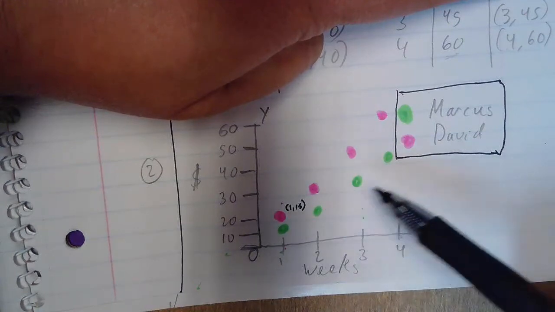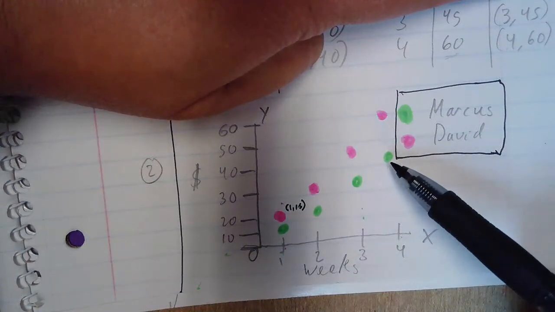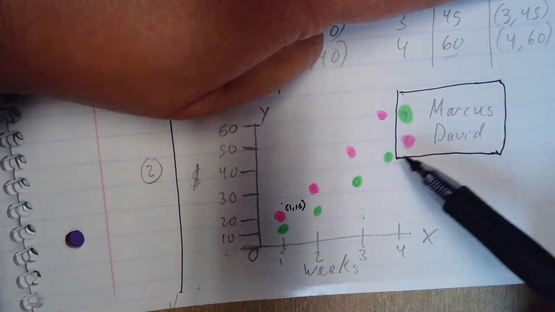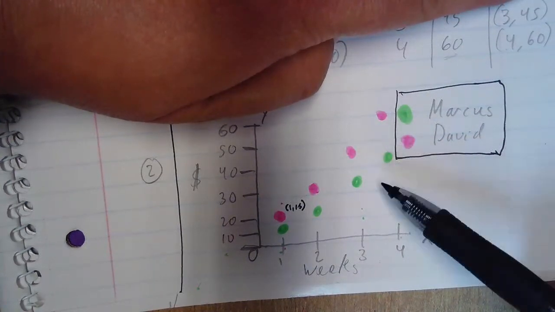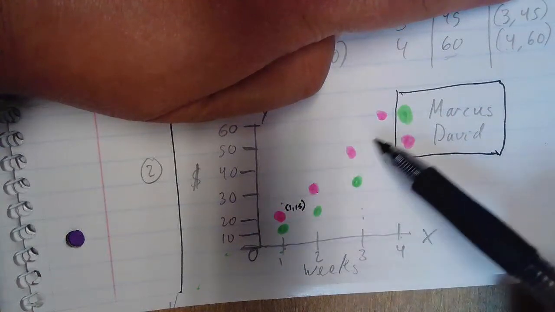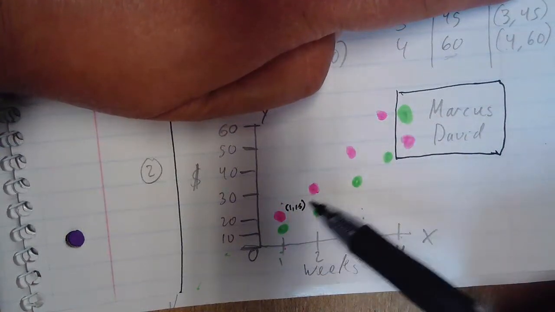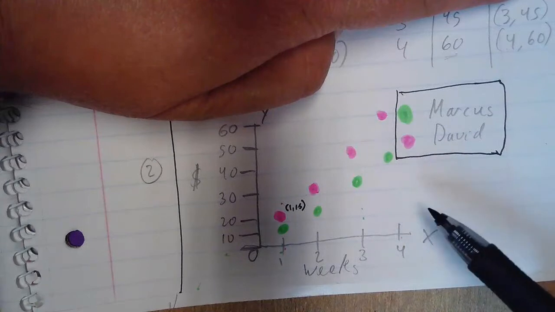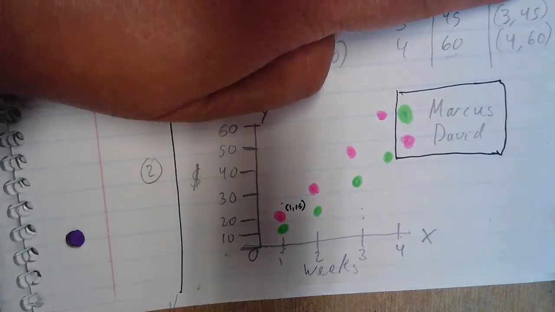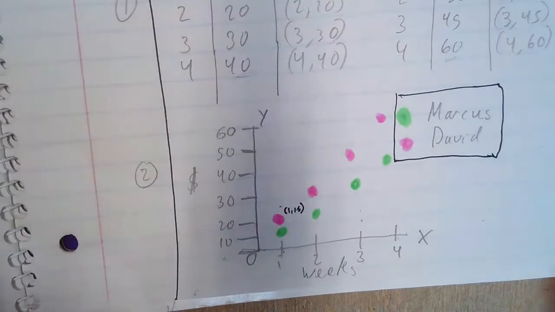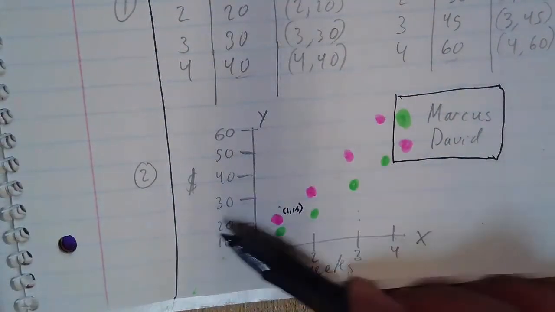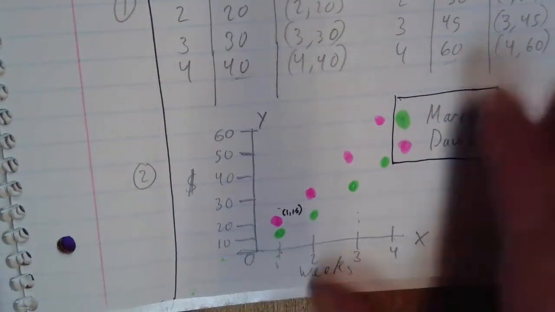I can see that Marcus is saving $10 a week. I can see David's saving $15 a week just by looking at the graph. I also know that since David's line is steeper, he's saving money at a faster rate. So for any given amount of time, if we go down to 10 weeks, 20 weeks, we know David's going to have a lot more money than Marcus saved up. Okay? So that's just one possible answer.